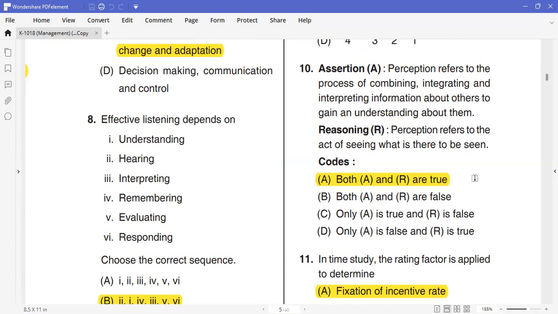That is called perception. The reasoning for this assertion is that perception refers to the act of seeing what is there to be seen. So therefore, both A and B are true. So the correct option for the 10th question is A.